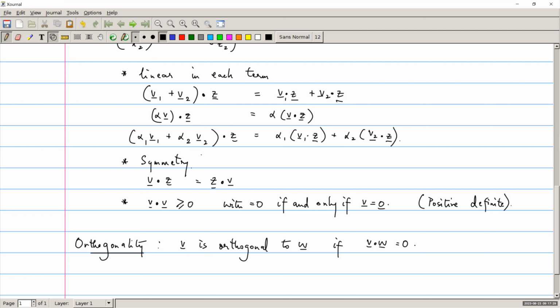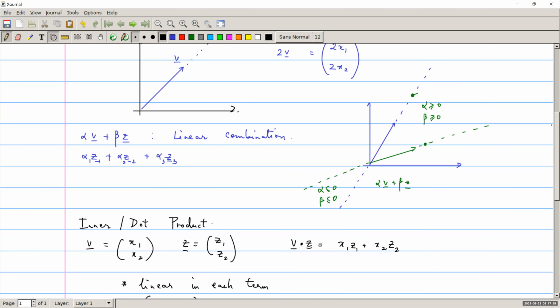V has no component in terms of W, and W has no component in terms of V. When you look at vectors like V and Z, like I've drawn here, they are facing in different directions, but this green one and the blue one are still facing a little bit toward each other.